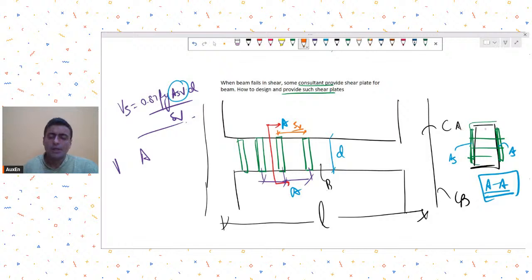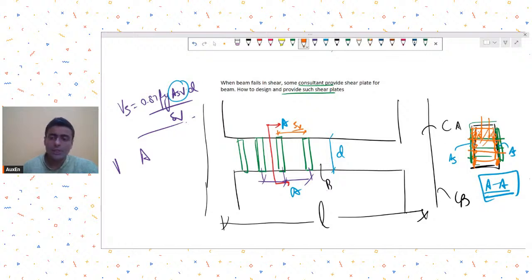The important thing here is how to ensure that proper shear force transfer takes place from this concrete core to these shear plates. So we had actually chipped the cover concrete and exposed the stirrups, and then on those existing stirrups we joined these plates, and we also provided through bolts.